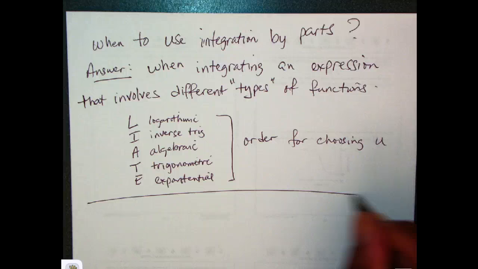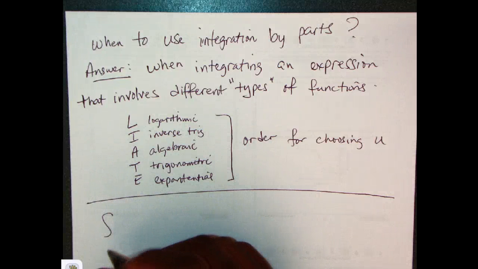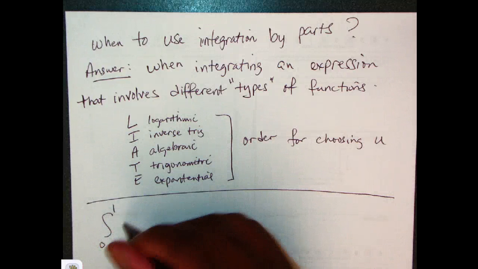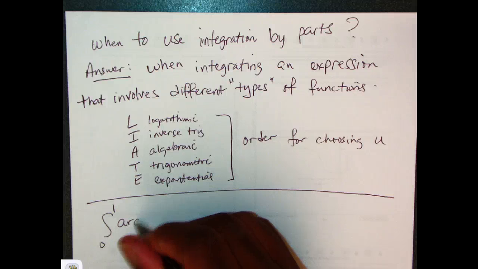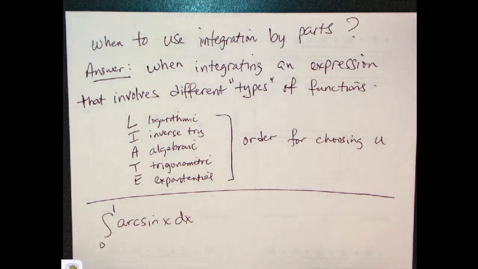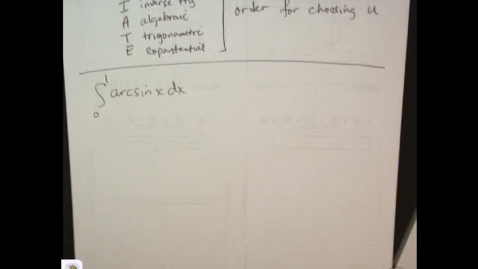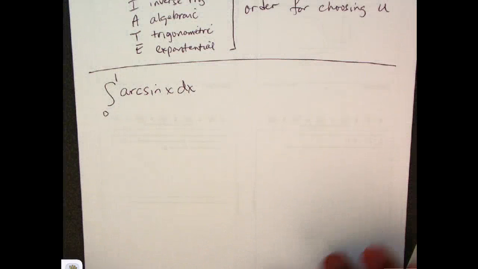So let's take a look at an example. Let's say we're going to take the integral from 0 to 1 of arc sine of x dx. Now when we take a look at this one, looks like we only have the one function there. Okay, but remember LIATE.